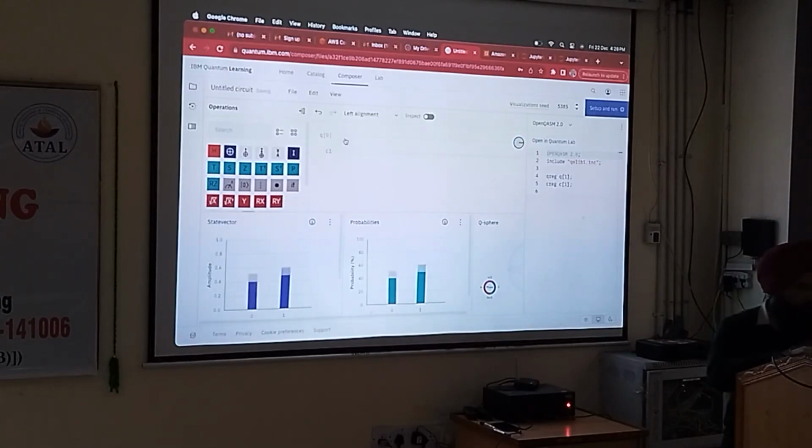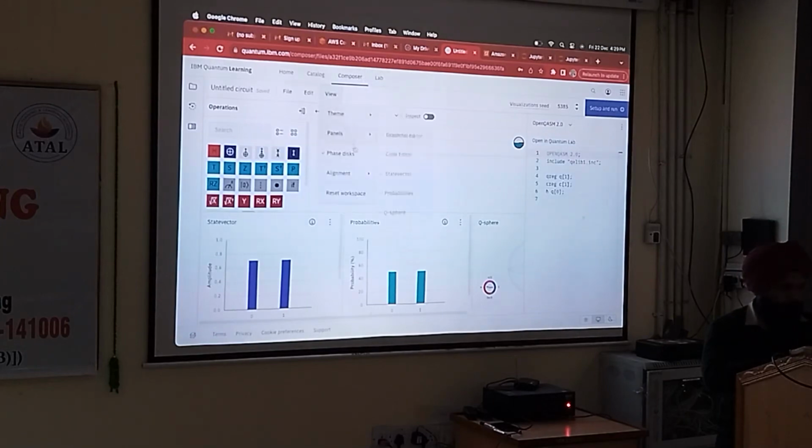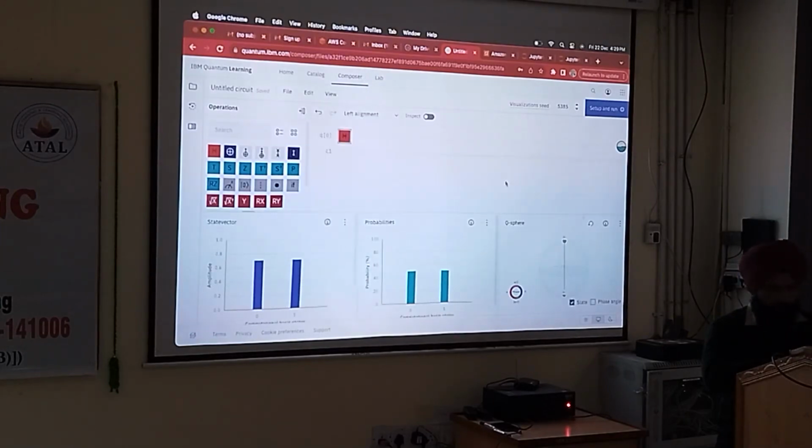The next one is for Hadamard. We apply the Hadamard and then the probability is 50-50. 50 for 1, 50 for 0. In the Q sphere, there is a 0 and they are pointing to 0 and 1, and both are positive.